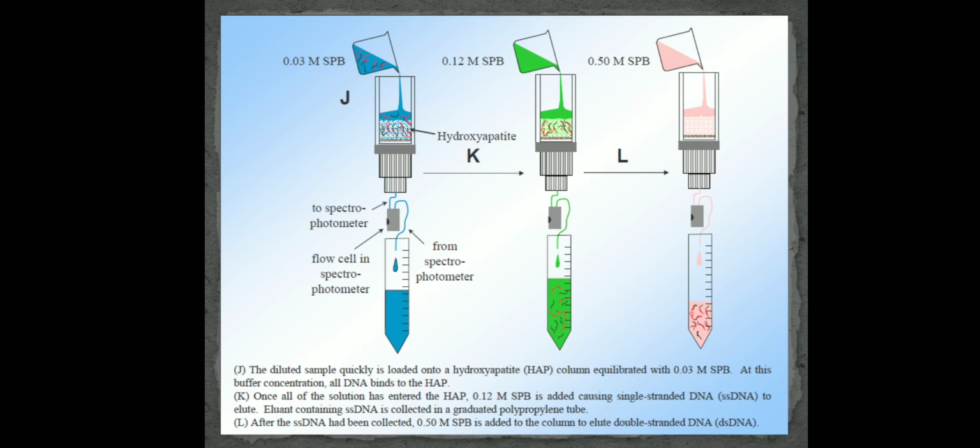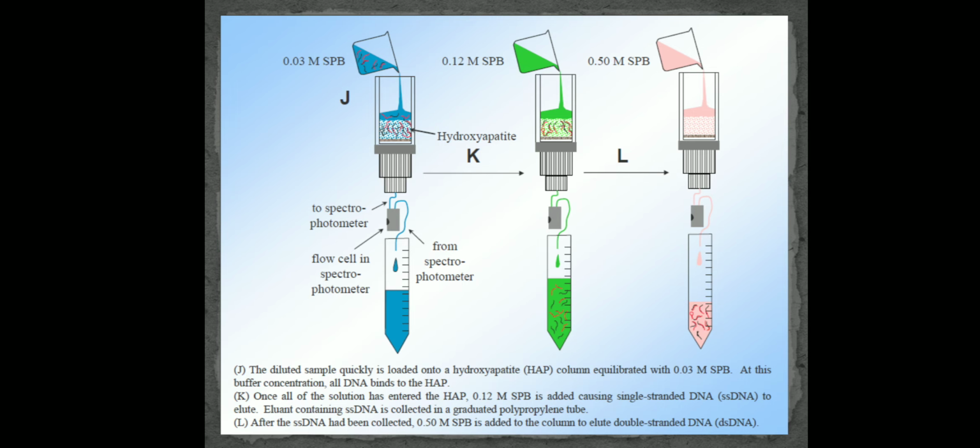Now the next step is you have to elute the DNA. So you will suspend 0.12 molar sodium phosphate buffer into that column. When you add 0.12 molar sodium phosphate buffer, it removes the bonds of the single stranded DNA from hydroxyapatite, and the single stranded DNA is eluted.